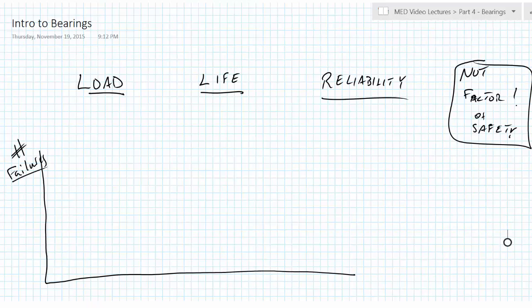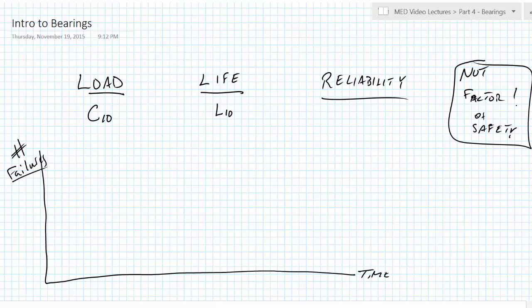So at the rated load, which we'll call C10, and we'll get back into these definitions in a little bit, we expect to get a point of the life where 10% of the bearings will have failed. This is time, but really in terms of how many revolutions our bearing takes.